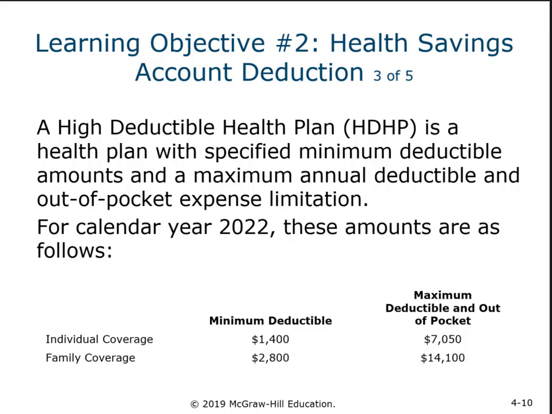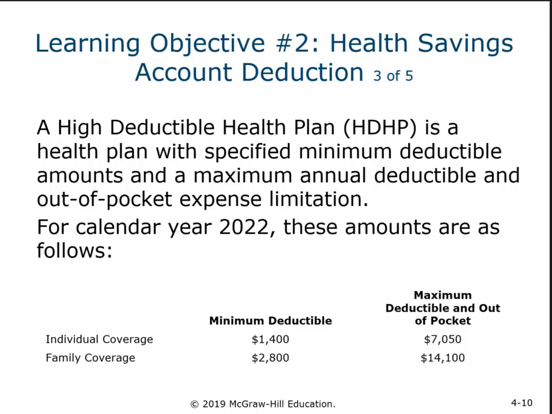So what does it mean by a high deductible plan? For 2022, the minimum deductible has to be $1,400. You can't have a deductible lower than that. And family coverage $2,800, and then there's a maximum deductible and out of pocket for the year.